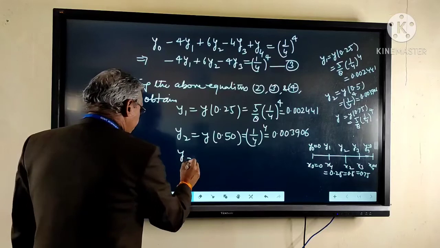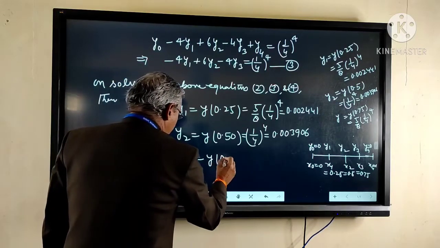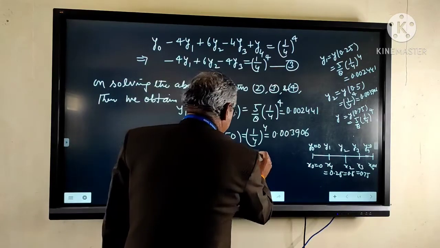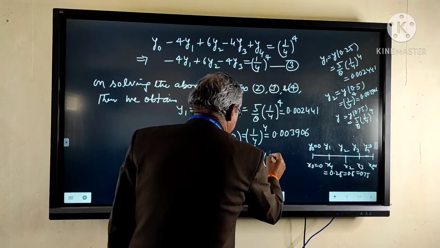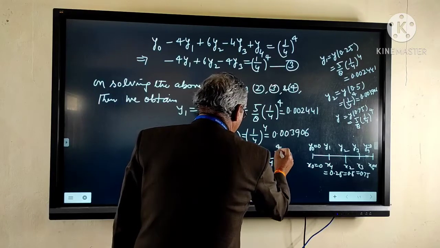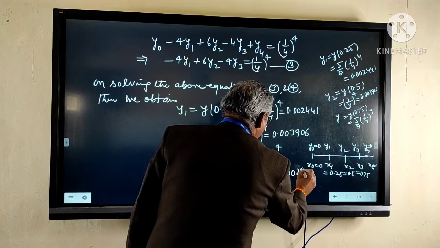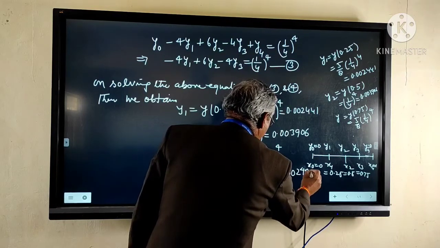And y3, the value at x equal to 0.75, equals 5 by 8 times 1 by 4 to the power 4. This value equals 0.002441.